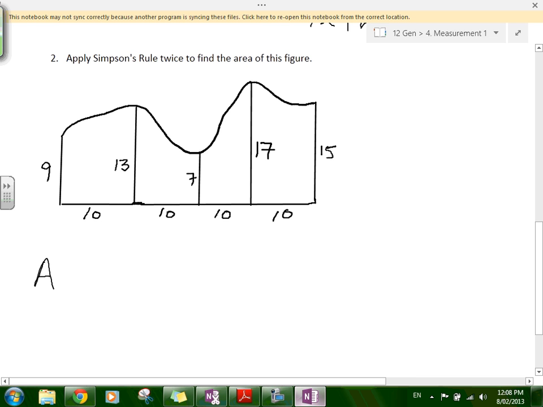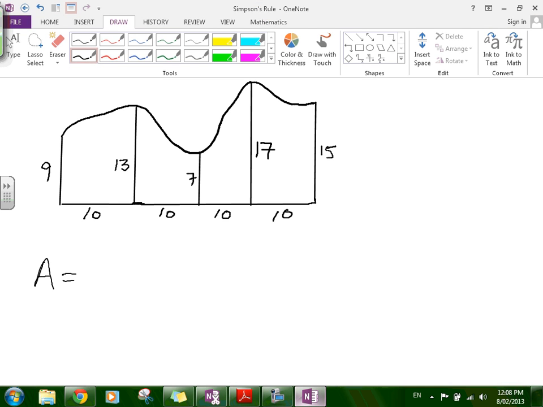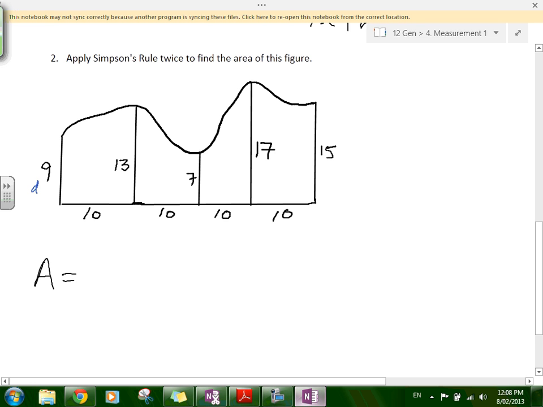A equals, so there are going to be two parts to this. I'm going to use two colors. For the blue one, this is DF, DM, DL, and this is H. In the second application, in red, 7 is both DL for the first and DF for the second. So we apply it twice.